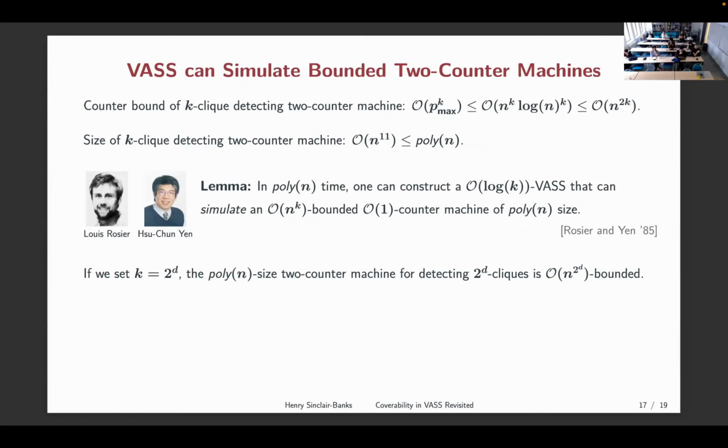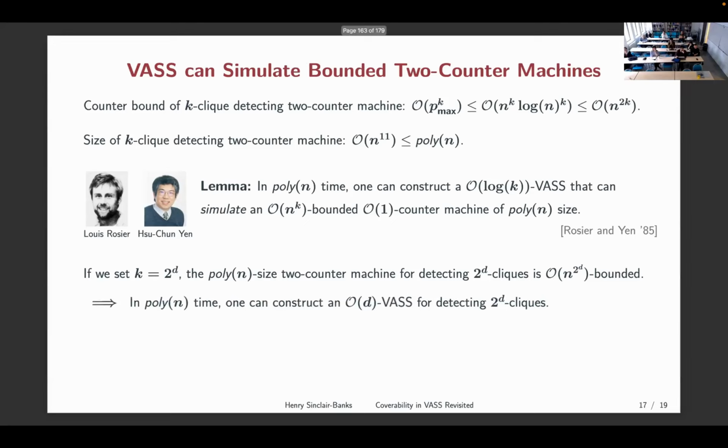And we have a counter machine whose bound is n to the 2 to the d. When we substitute this in, we have a log of 2 to the d VASS. That is a d-VASS. And the bound n to the 2 to the d is fine.